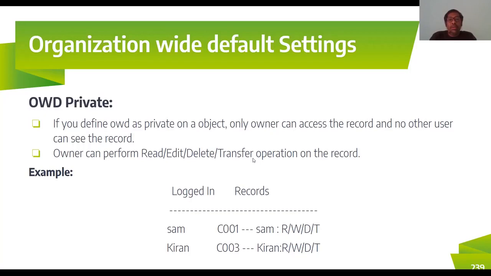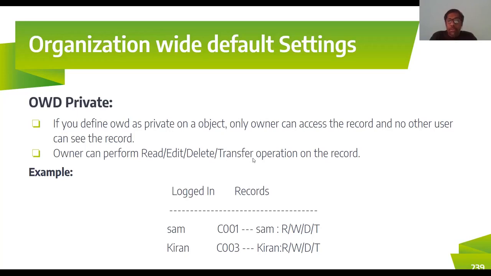Now see here, we have two records. The owner of the first record, C001, is Sam. The owner of the second record, C003, is Kiran. Since Sam is the owner of C001, he can read, write, delete and transfer, whereas Kiran cannot work on C001.